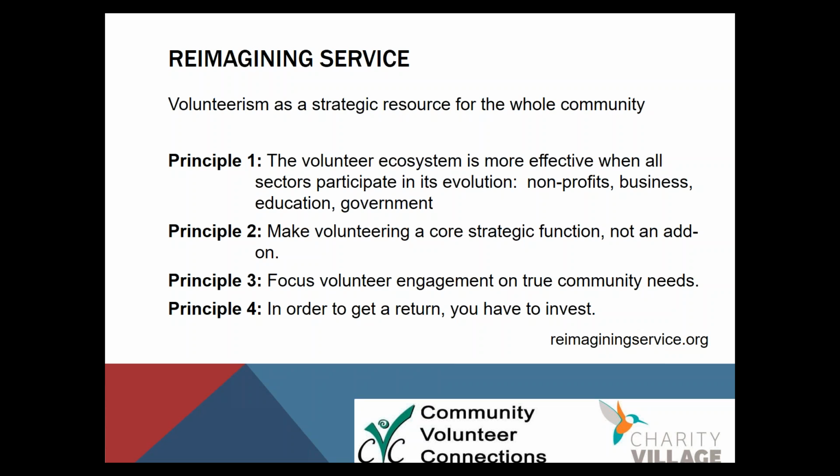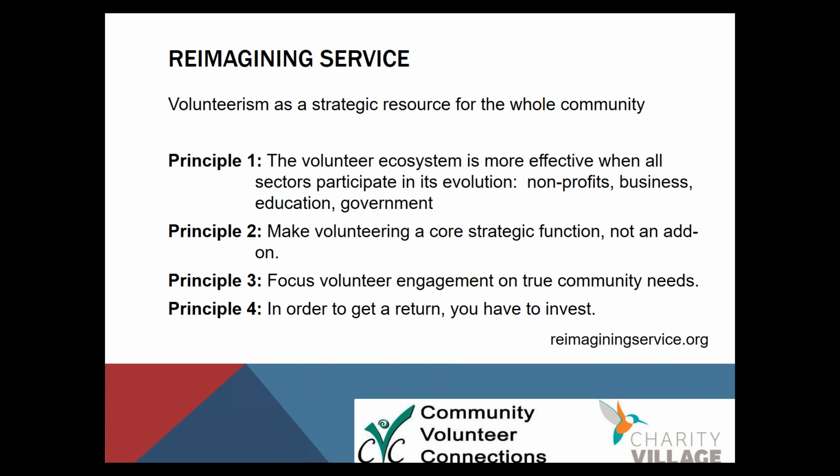The Reimagining Service approach looks at that energy of volunteerism and decides, you know what, we are all responsible for making sure that that kind of energy and spirit of self-sufficiency, and I can do it, and if I see something wrong, I can come in and make a difference.